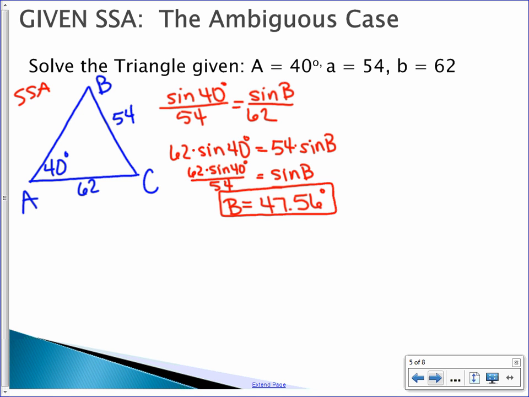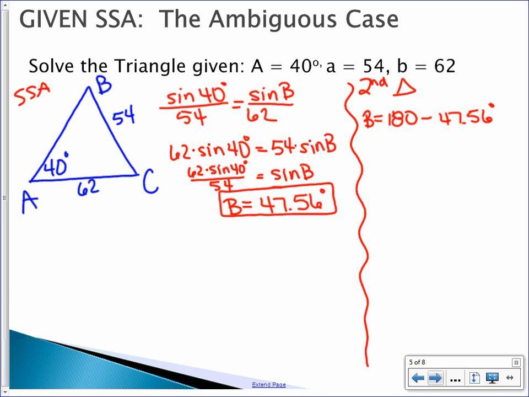It would be supplementary. So I'm going to go over here. Here's our second triangle, right? So angle B would have to be 180 minus 47.56 degrees. What does that give us?